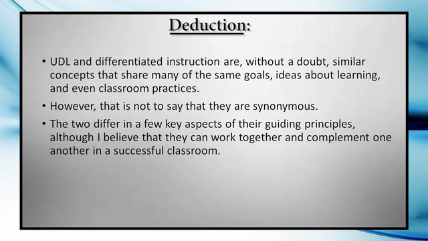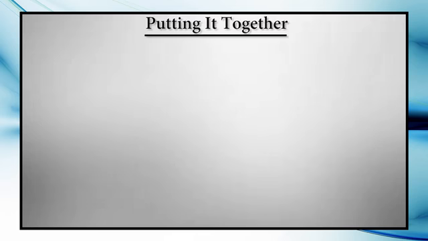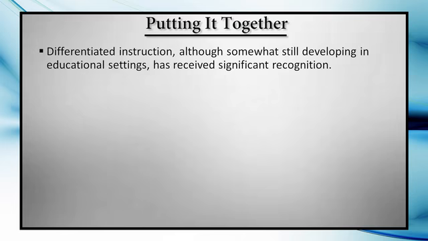Now, the conceptual framework of differentiated instruction and universal design for learning, which completes the inclusive education classroom, is somewhat like this. So, putting the whole lecture together, we find the following key points. Differentiated instruction, although still developing in educational settings, has received significant recognition.